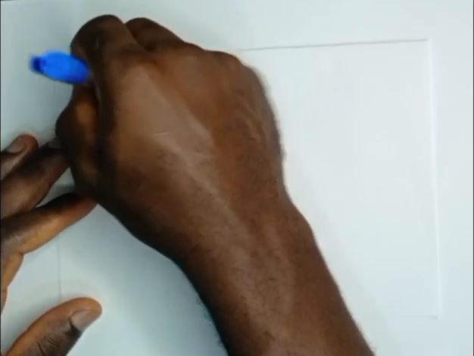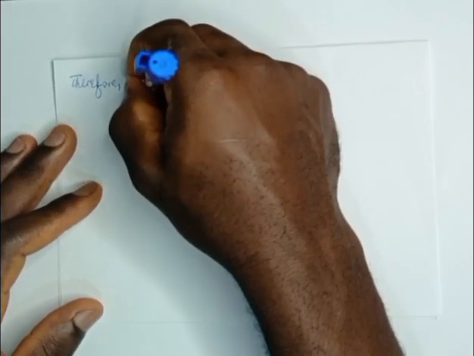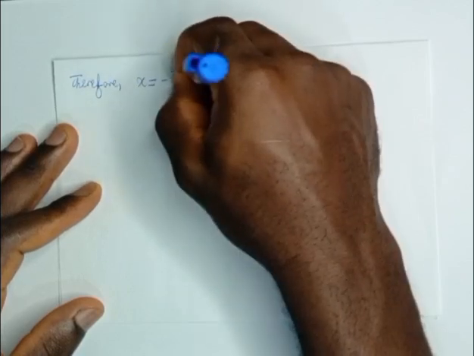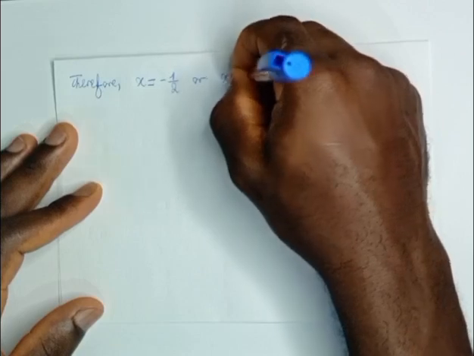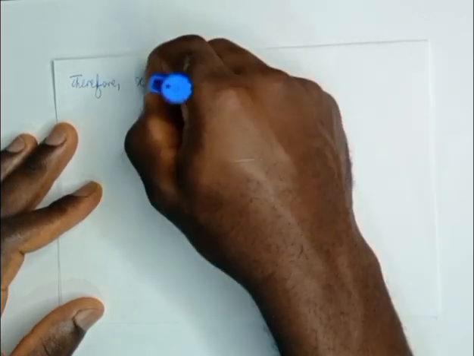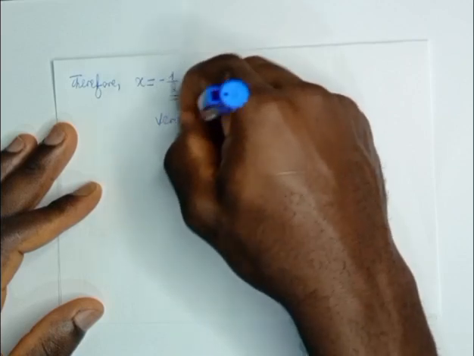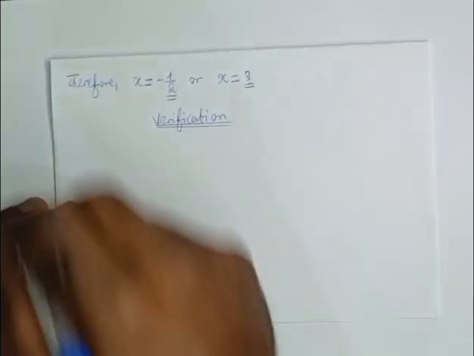Therefore, x is equal to negative a half or x is equal to 3. These are the two solutions. Then we take the verification to see if the solutions are correct.